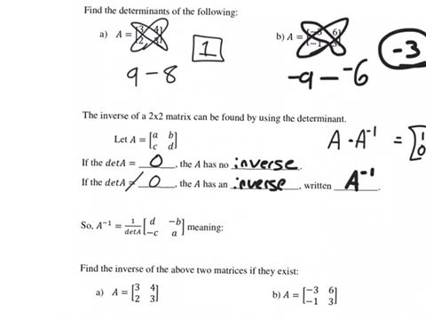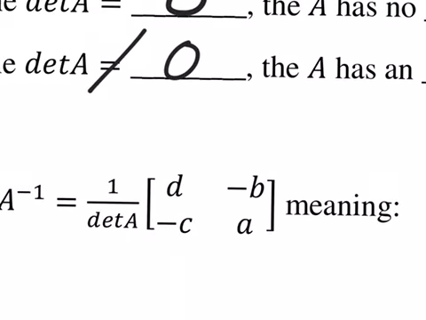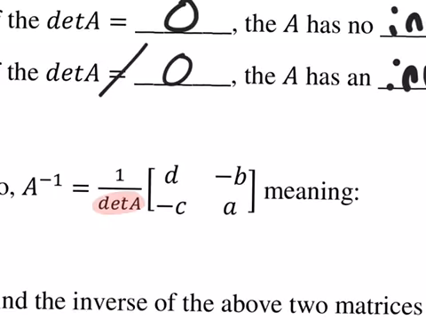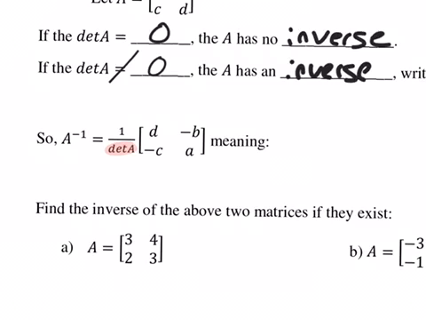All right, here's the formula. The inverse of A is going to look like this. 1 divided by, always comes with the formula, always going to be there, whatever your determinant is becomes the denominator. And then we've got a special little relationship with the various internal parts.